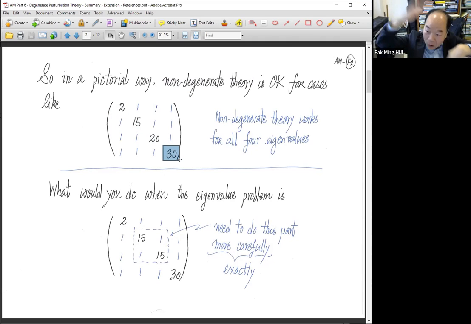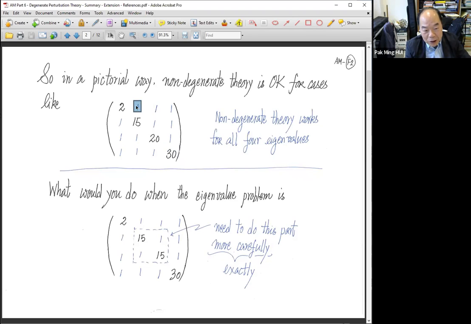If we ignore all the ones out there, they are the unperturbed eigenvalues. So we have 2, 15, 20, 30. They are quite apart comparing to 1. This is H prime ij.